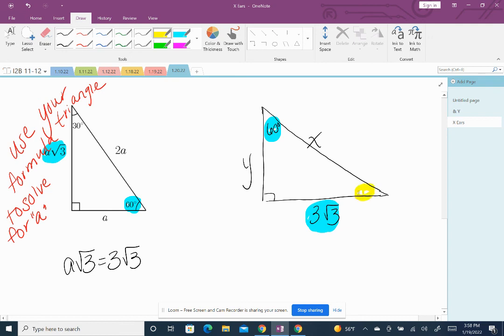And then we already know this angle is going to be 30 degrees because all the triangle's angles add up to 180 degrees. So 30, that goes to A, that goes to y. So we say A is equal to y.